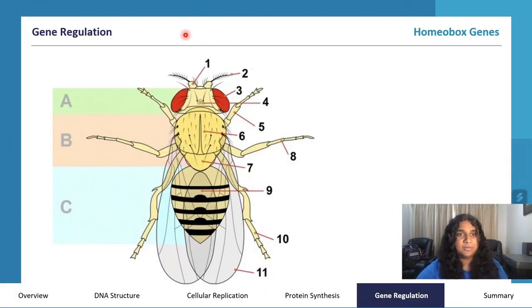So what you essentially see there is the antenna of the fly growing out of the head, growing as legs instead. So mutations in the Hox gene cause abnormal structures to form in different segments of the body, basically.